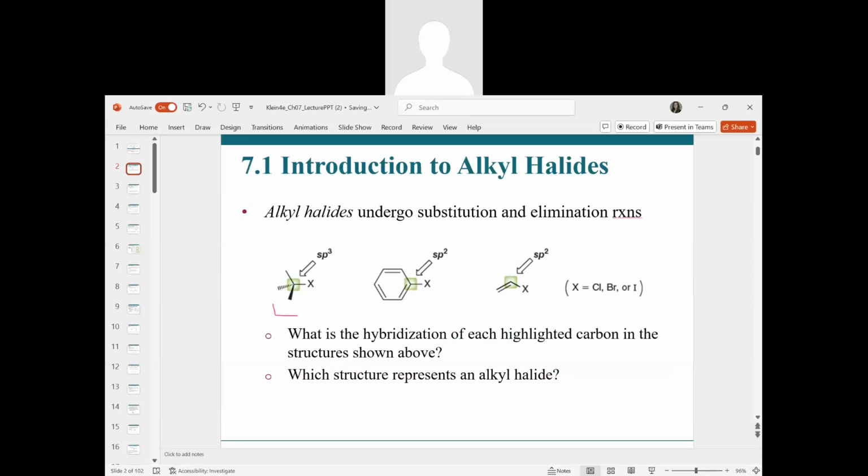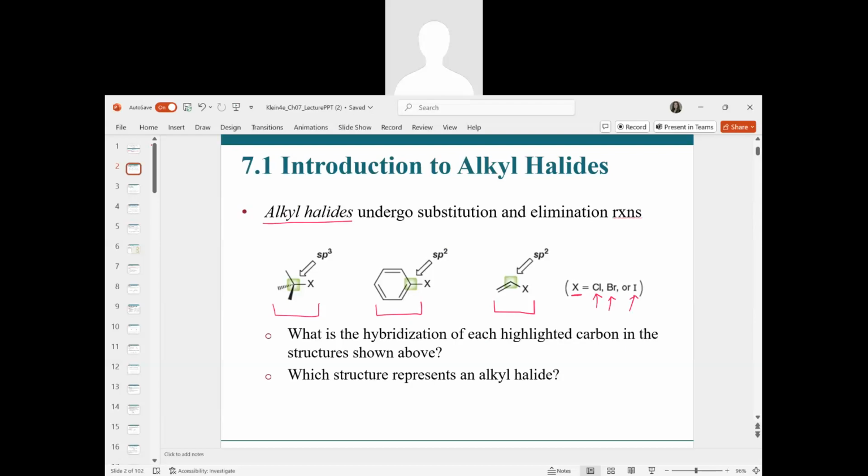So what we see here are three different classes of compounds, and this X is indicating either a chloro, bromo, or iodo substituent in place of these compounds here. So what we see in this first picture is what would be termed an alkyl halide.